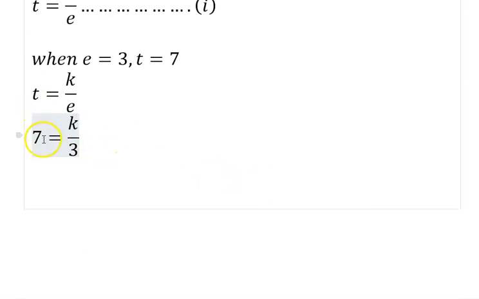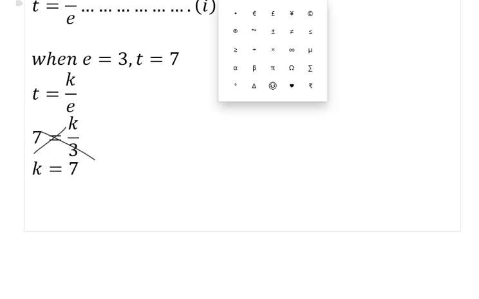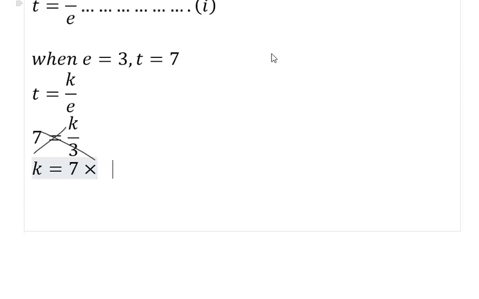All we just need to do is to cross multiply, so that our K can be what? 7 times 3. And 7 times 3 will definitely give us what? 21. Beautiful.